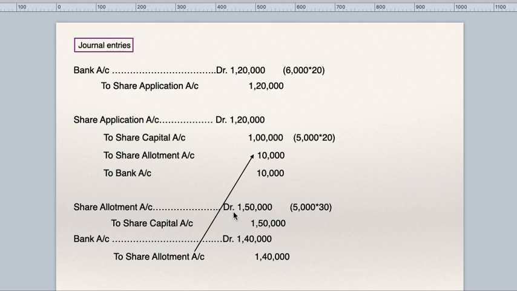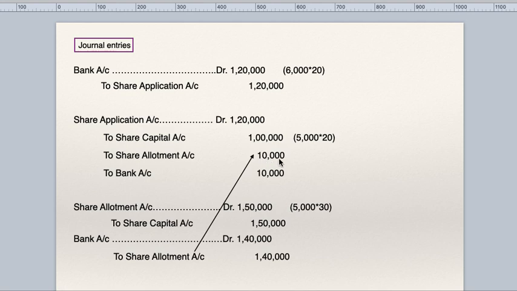Next is allotment due. Share allotment to share capital 5,000 into 30. Whatever was due has been received. There is no default in allotment. So bank account debit to share allotment 1,40,000. Out of 1,50,000, 10,000 is already received with application.